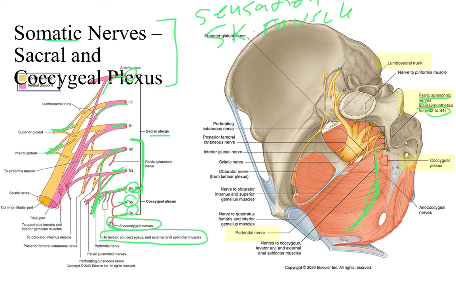But these bigger branches are what's going down to the rest of the leg, and we'll talk about that when we get into the lumbosacral plexus, because this big branch right here is going to be known as the sciatic nerve, and that's going to give rise to branches that supply nervous system innervation to the muscles and the skin of the lower leg, particularly the posterior compartment.